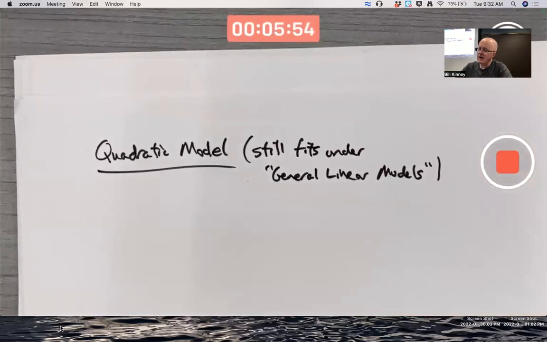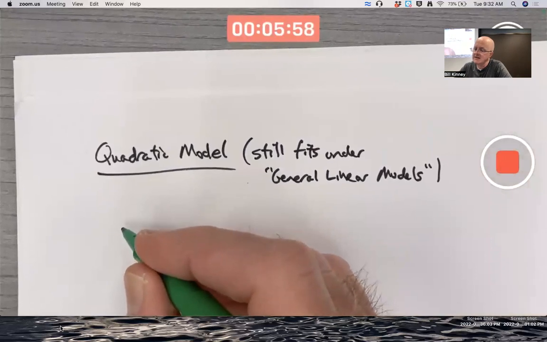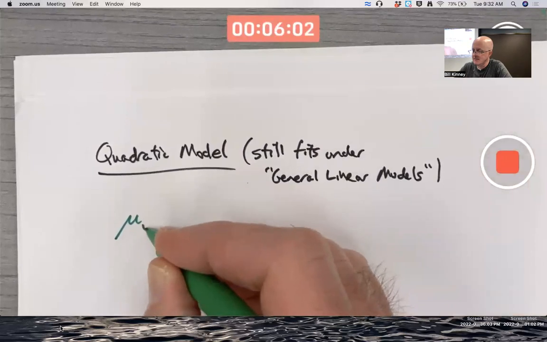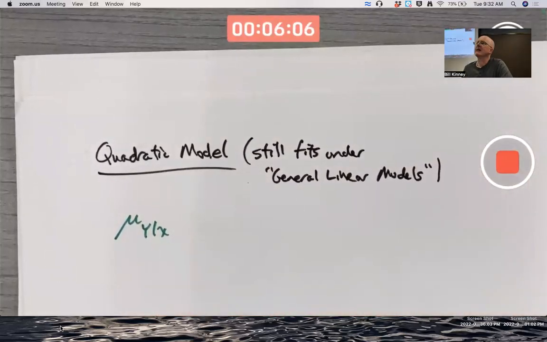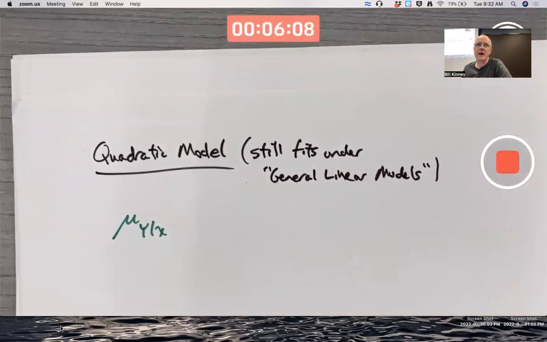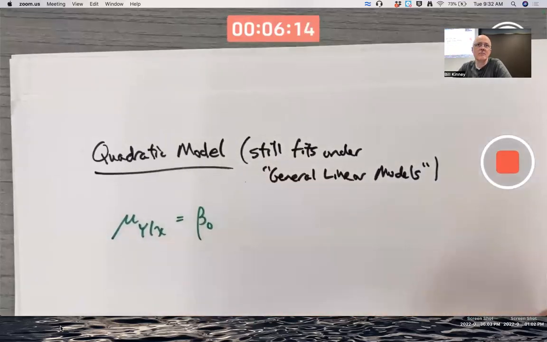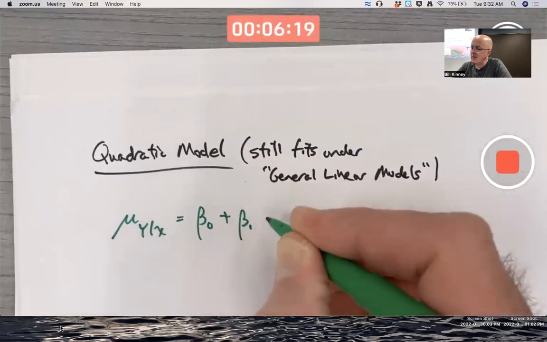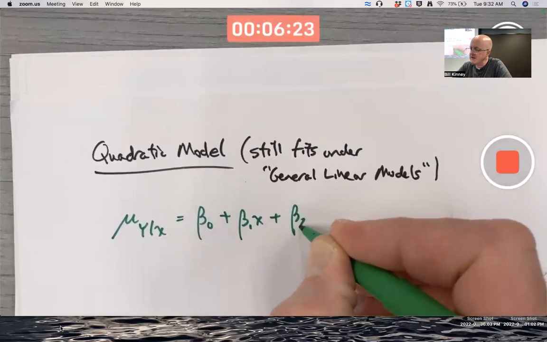What I'm going to assume is that I've got a conditional random variable, y given x, whose mean is a quadratic function of x instead of a linear function of x. That's where the quadratic part is going to come into play. Some constant beta 0 plus some other constant beta 1 times x plus another constant beta 2 times x squared.